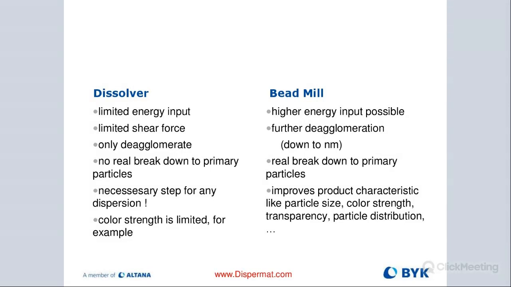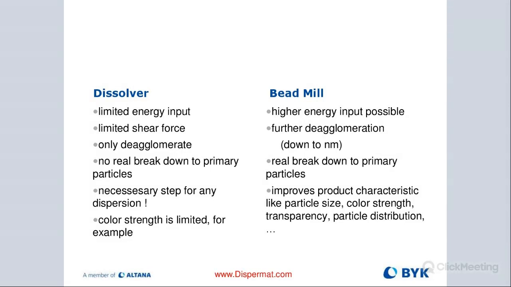We can only apply a limited amount of energy because of the blade. That means limited shear force. It's really only there to de-agglomerate, not to break up the aggregates to get down to the primary particle size. And it is a necessary step for any proper dispersion before you start to mill.